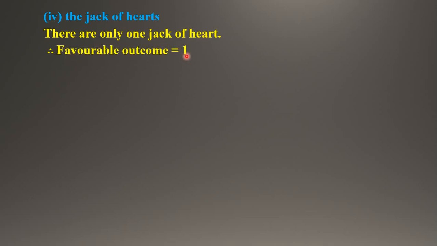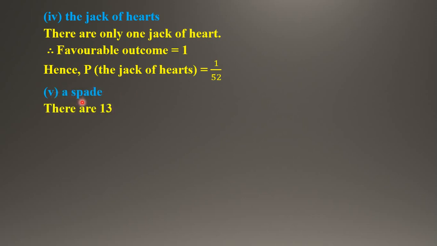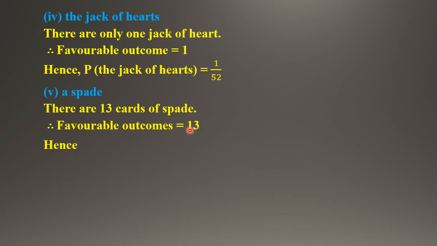Fourth, what is the probability of getting the jack of hearts? There is only one jack of hearts. Therefore favorable outcome for our event is 1. Hence probability of getting the jack of hearts is 1 upon 52. Fifth, spade. There are 13 cards of spade. Hence favorable outcomes 13.